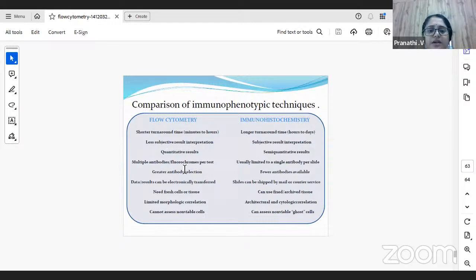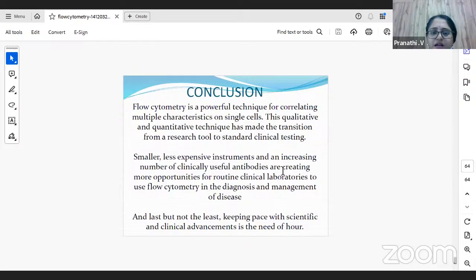So you can use multiple antibodies. And then again, you cannot do the same thing when it comes to immunohistochemistry. Non-viable cells cannot be assessed in immunohistochemistry, but in flow cytometry you can assess the non-viable ghost cells or the cells that are also there. So you have the differences when you compare different kinds of immunophenotypic techniques.